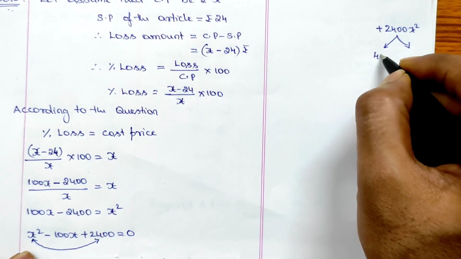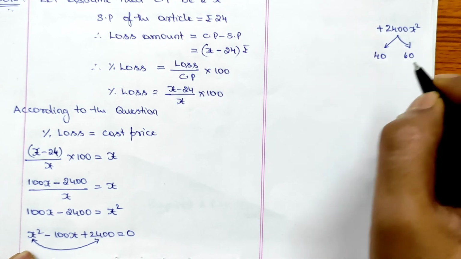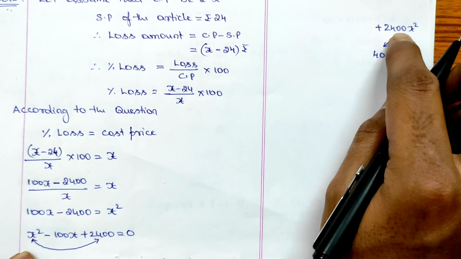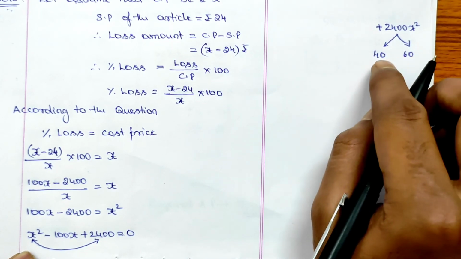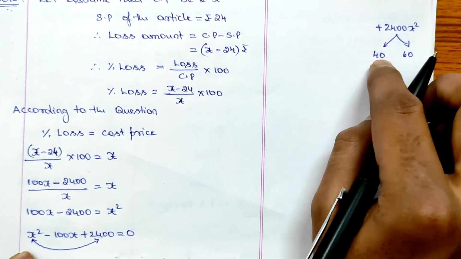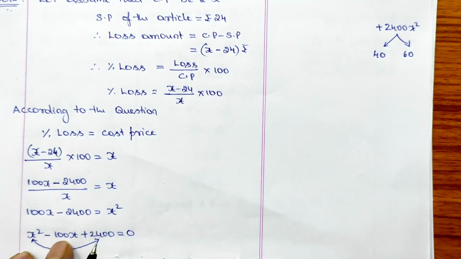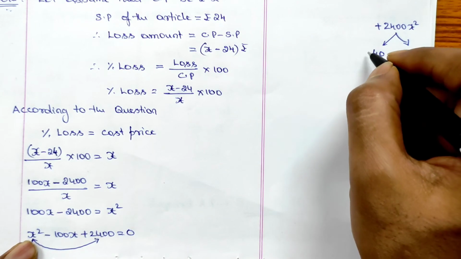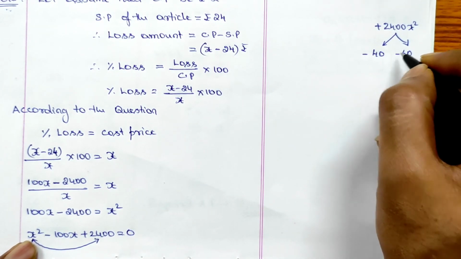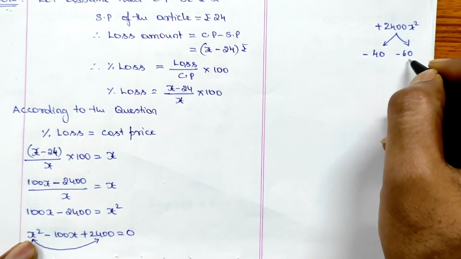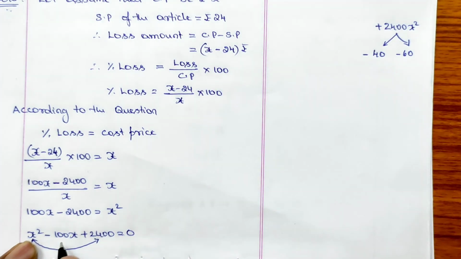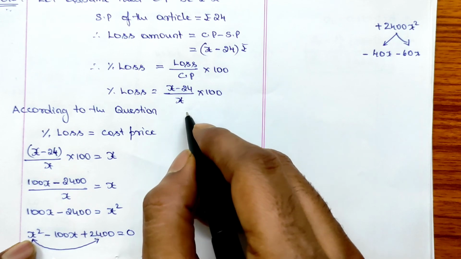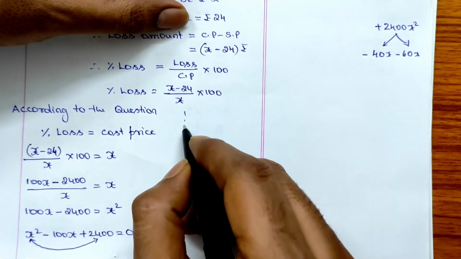So I will write 40 and 60. 4 6s are 24, 0 and 0, so here 2400. 40 and 60 if you add up you get 100, but we require minus here, and the sign is plus, so both signs are negative, minus into minus is plus, minus 40 minus 60 is minus 100. So x for both. Now we can continue.